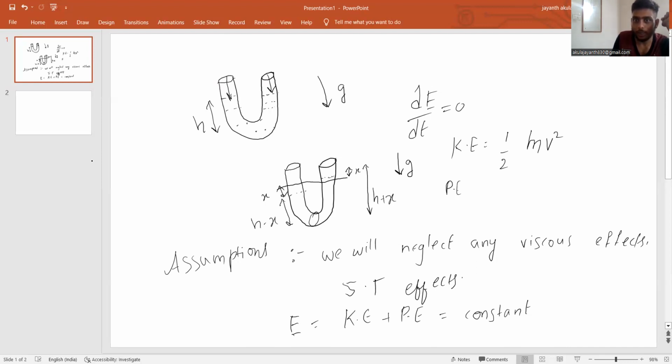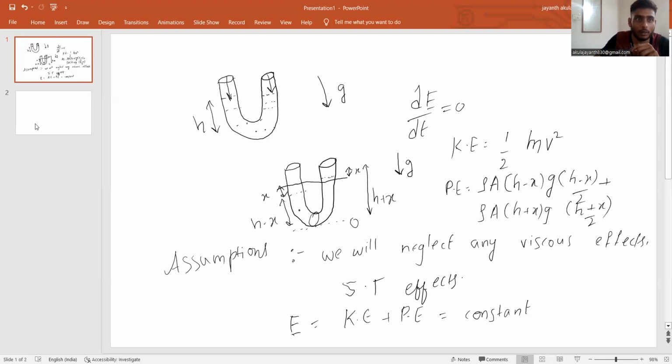So the potential energy will be, what's the mass at the left hand? Rho into area into the height into g. Let us assume that this is the zero potential. Where is the center of mass? At h minus x by 2, right? So we multiply by h minus x by 2, plus the potential energy of the liquid on the right hand, which will be the mass, gravity, into height.